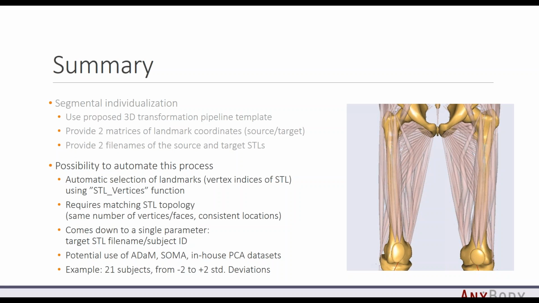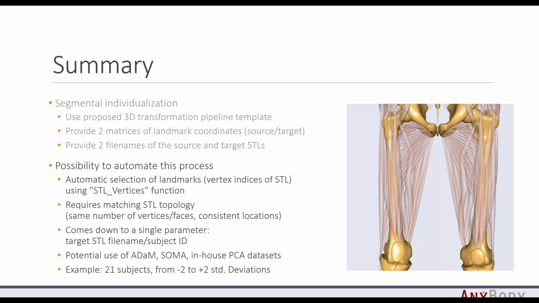I want to mention that it is possible to automate this individualization process. Normally we need to specify landmarks to define our interpolation functions, and we can actually select these landmarks automatically if we have the right input. For example, if we have our source bone and our target bone in the same topology, and by the same topology I mean that we have the same number of vertices and faces, and the vertices have consistent locations, so they repeat all the landmarks.